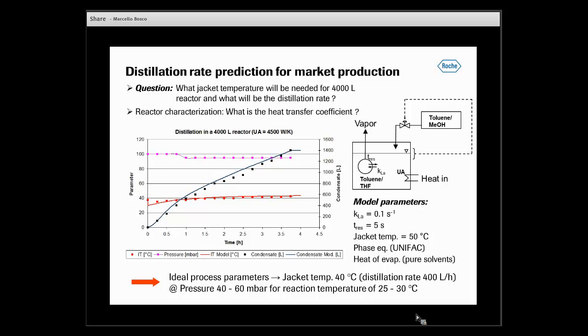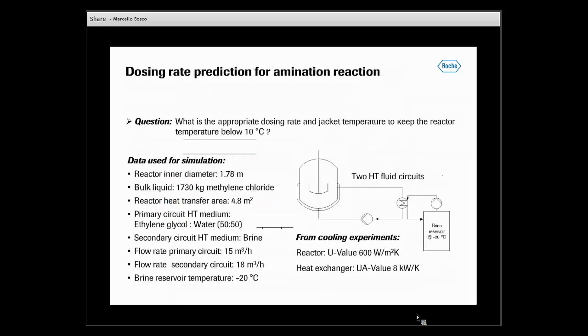So we had to exchange also the condenser with the values we had in the simulation of this 400 liter per hour. So this was a very nice prediction of the distillation rate, where you used the heat transfer coefficient of the reactor, but also the values of the ternary mixture.